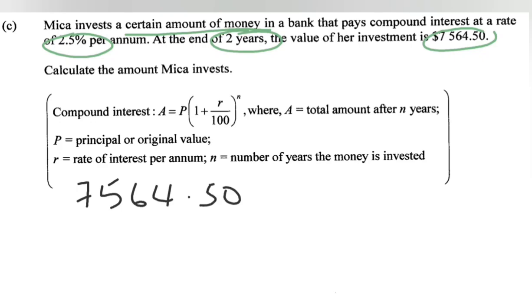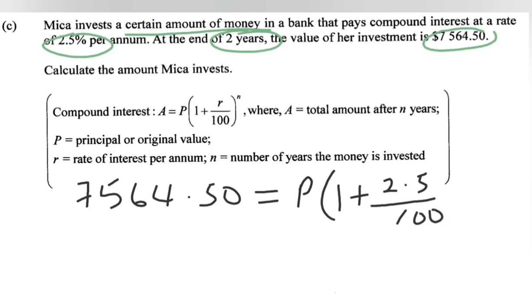So that's the amount that you got at the end of the investment. It says that is equal to P, which is the principal. We don't know what the principal is, so we're going to keep P in the question as the unknown. That's what we're finding. Plus 1. The rate is 2.5 over 100, because that's a percentage. We're going to close our bracket, and that's going to be raised to 2.